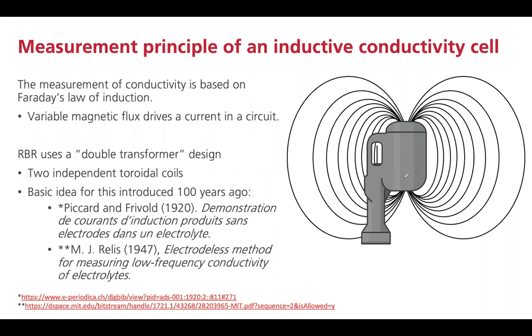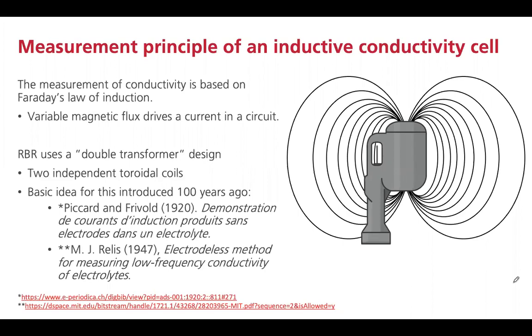Faraday's law says that a variable magnetic flux drives a current within a circuit. Think of that classic physics experiment with a bar magnet being passed through a loop of wire: if you move that bar magnet, it induces a current. That's the basis of this technology.